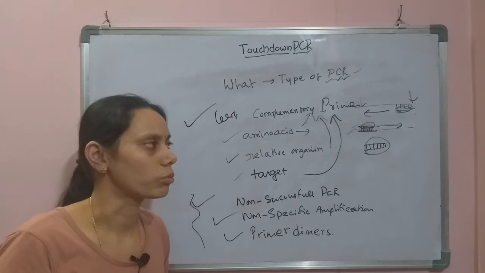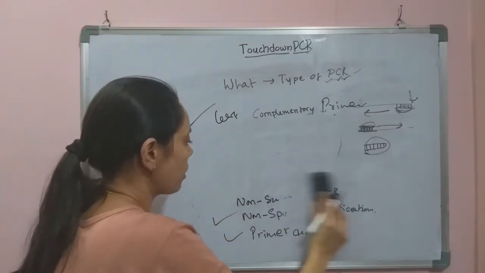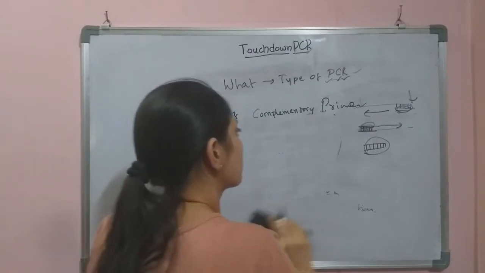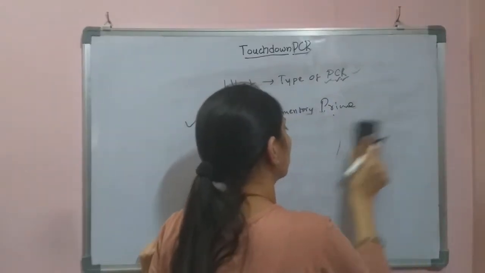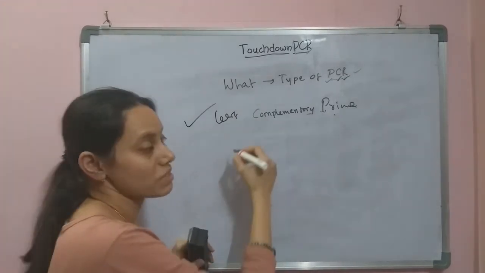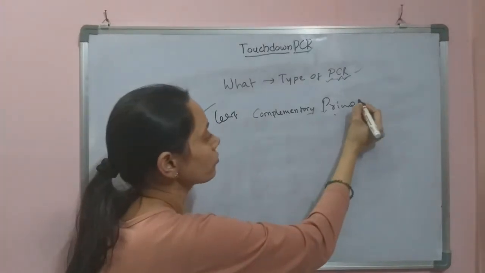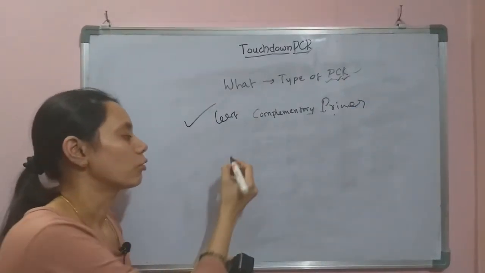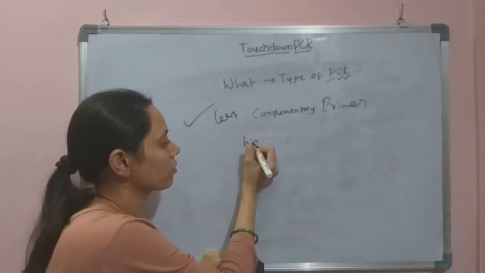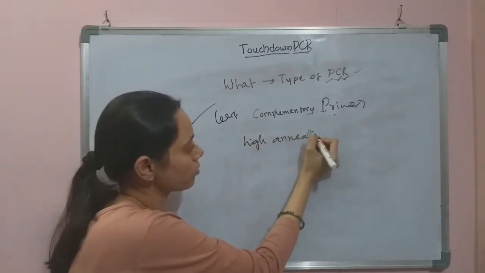So generally, to troubleshoot all these things in the laboratory, when we are using less complementary primers, what do we do? We generally go for a high annealing temperature.